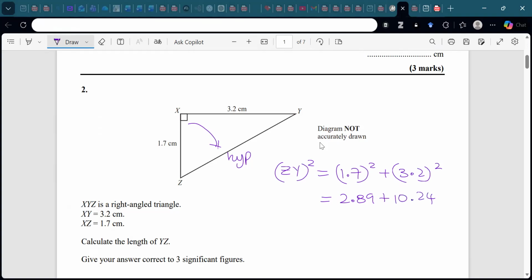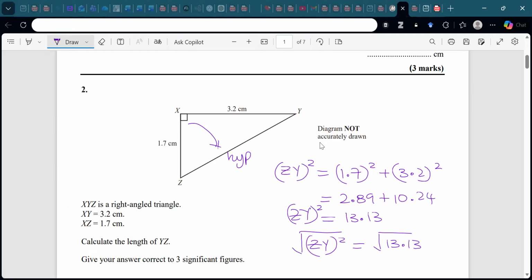10.24. So in total, we're going to end up with 13.13. And that's ZY squared. So to find ZY, it's the square root of ZY squared equal to the square root of 13.13.